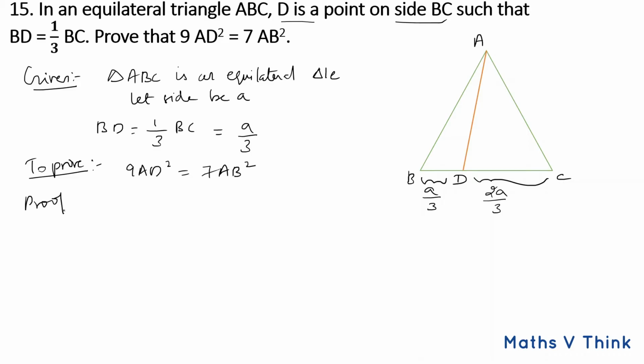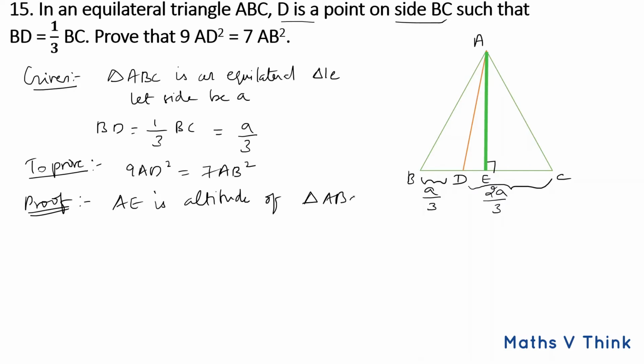Now proof. We need to draw an altitude such that it is perpendicular to BC. Let this be AE. So AE is altitude of triangle ABC. So can I tell BE is equal to EC? They both are equal.